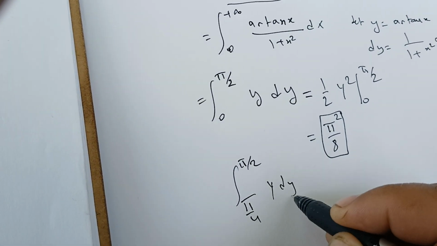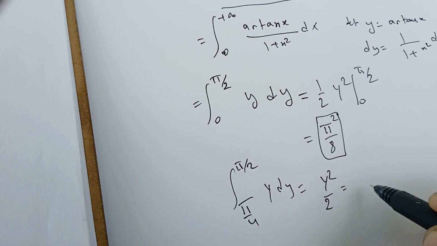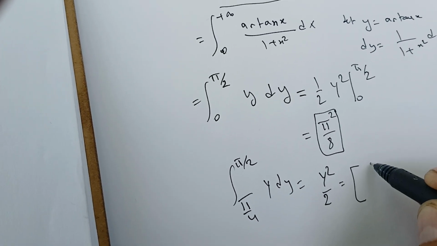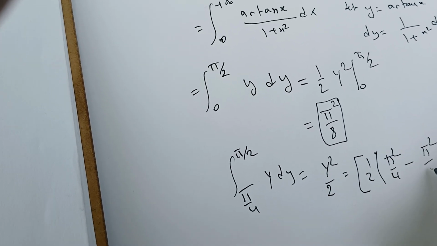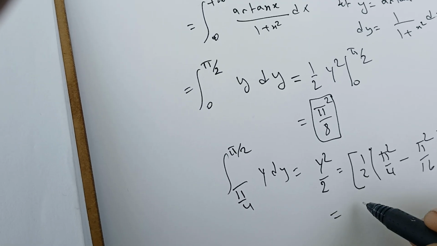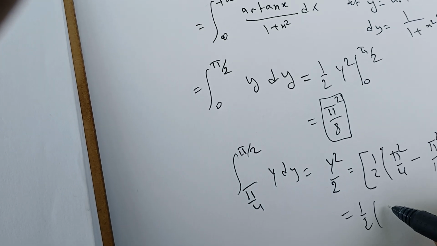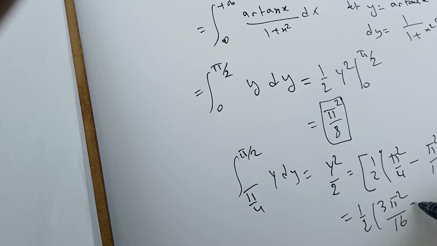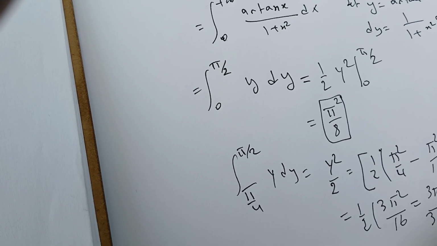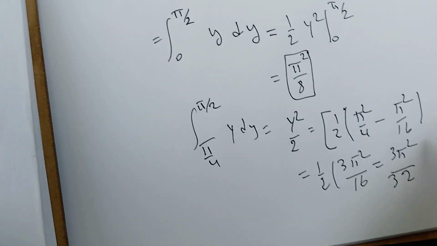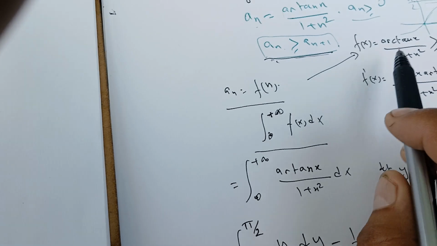So the integral of y dy equals y squared over 2, which gives us 1/2 times (pi squared over 4 minus pi squared over 16). This gives us 1/2 times 3 pi squared over 16, which is 3 pi squared over 32. And it's the same, it's convergent too.